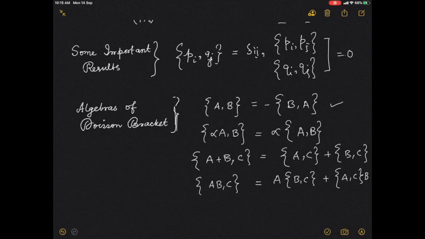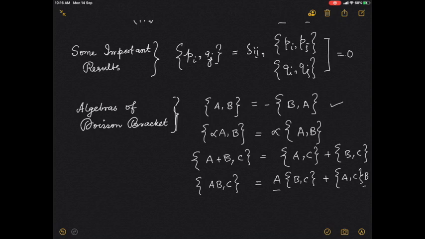You take the Poisson bracket with respect to one and leave the other apart, and then kill the other one with the Poisson bracket and keep B as it is. The reason I have kept A and B in the opposite side is to keep the order of A and B, which is absolutely not necessary here. All these are functions, and the order of functions really doesn't matter.